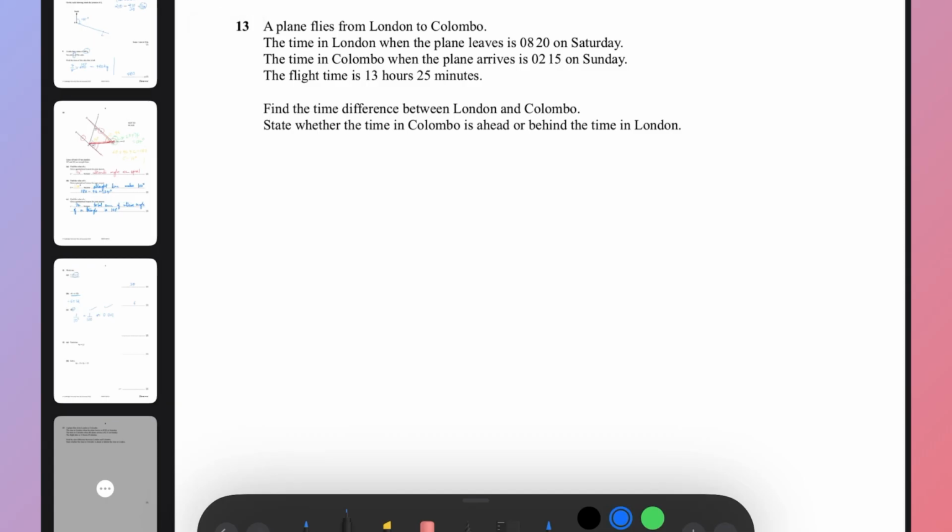Now next, it's very interesting to do this. Right. So here a plane flies from London to Colombo. The departure time is 8:20.